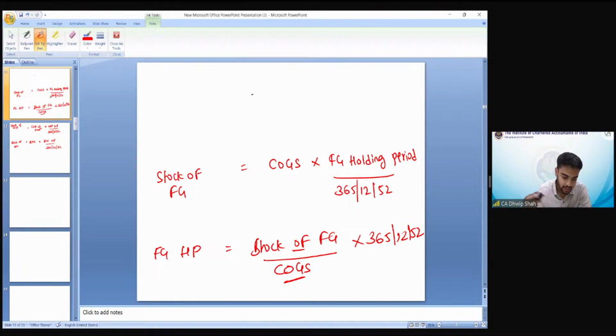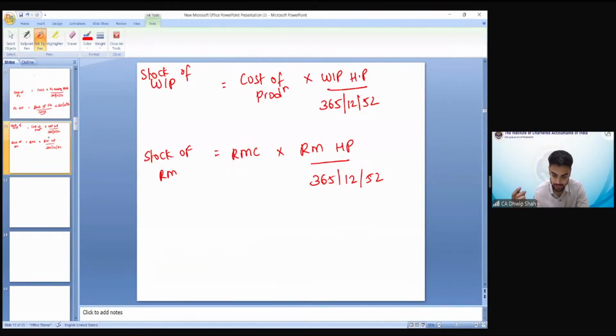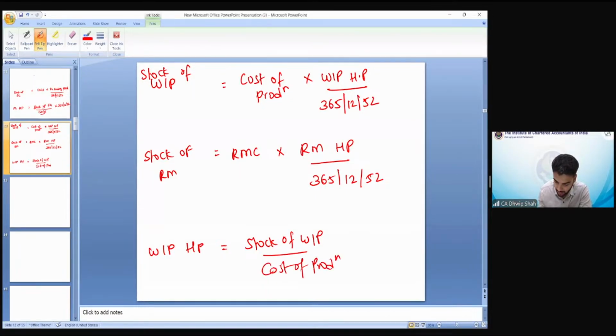Okay. Likewise, the WIP holding period formula was stock of WIP divided by cost of production into 365, 12, 52.